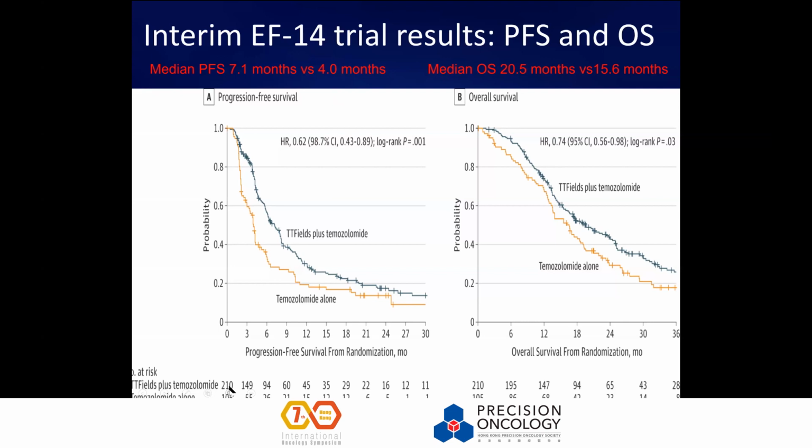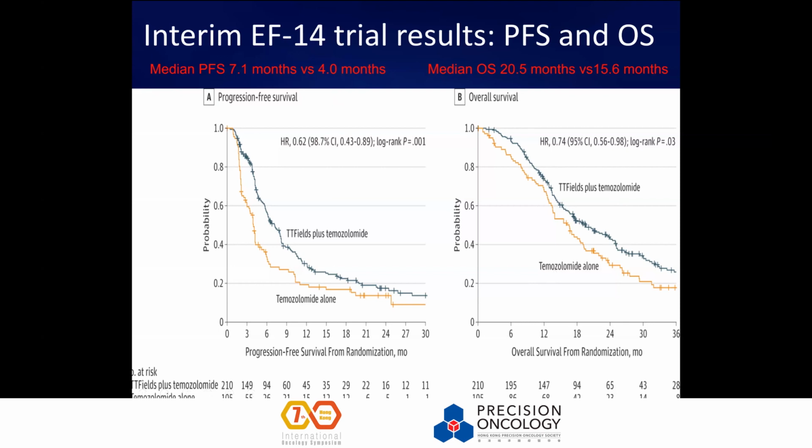This is about 315 patients total, so about halfway. For overall survival, TTF with temozolomide provides 20.5 months versus 15.6 months in the standard of care arm with temozolomide alone.